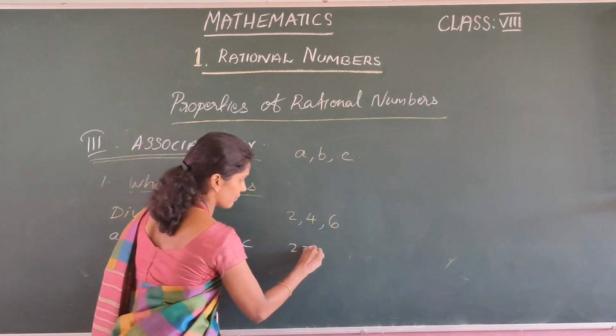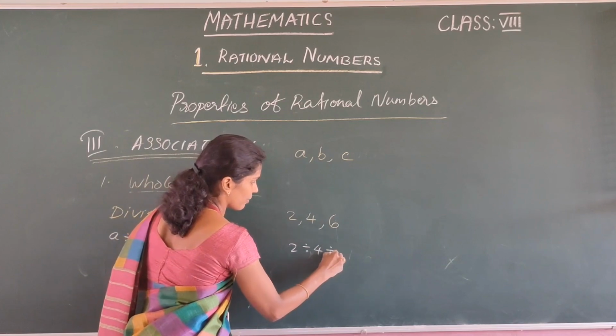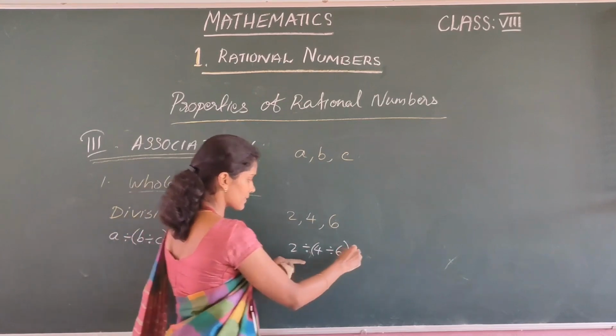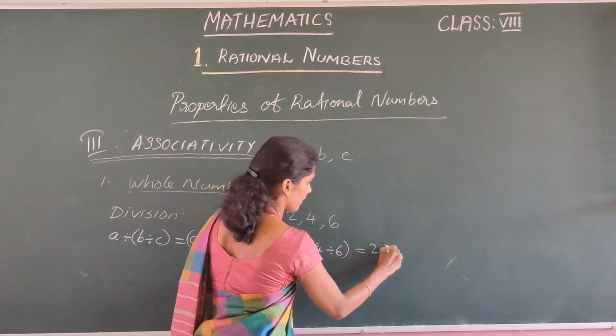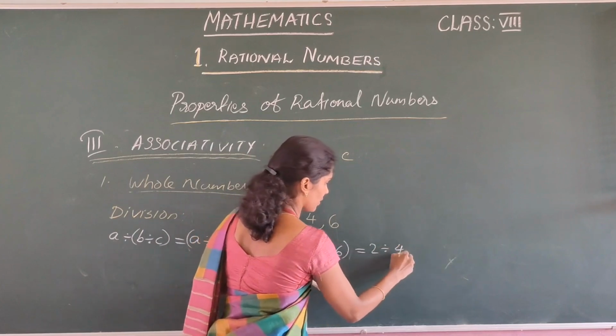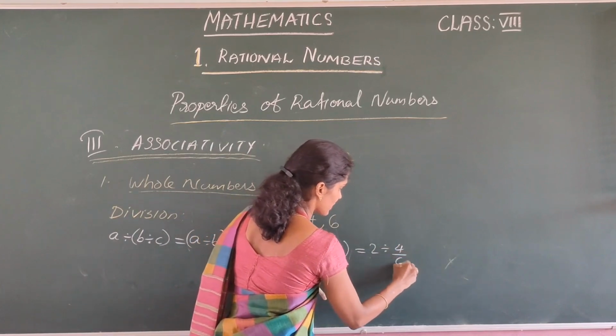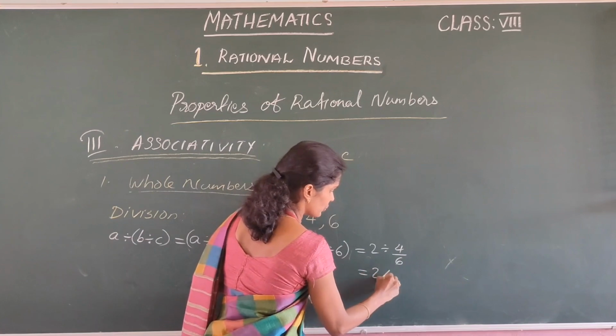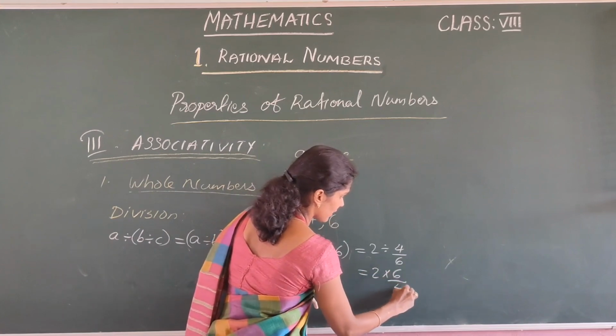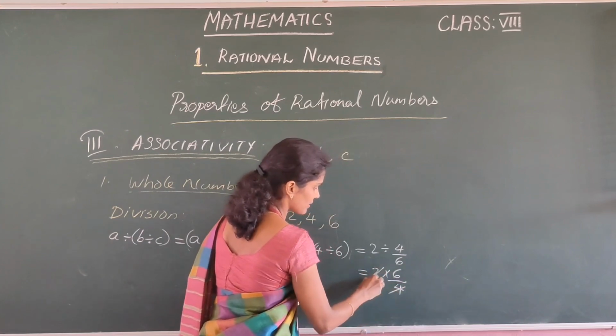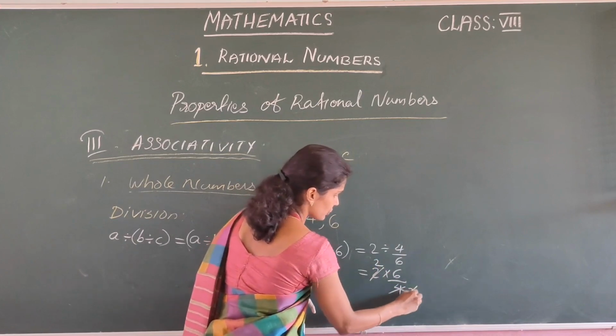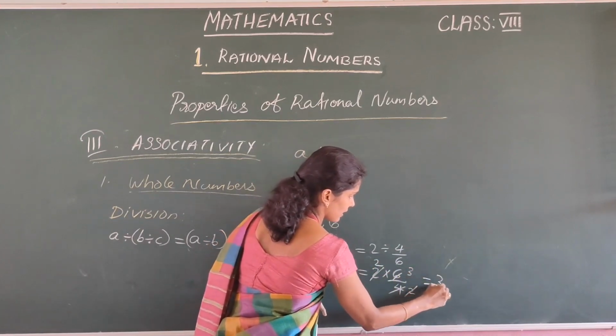First, 2 divided by (4 divided by 6). This is equal to 2 divided by 4 by 6. This is equal to 2 into 6 by 4. Cancel these two, we got 3.